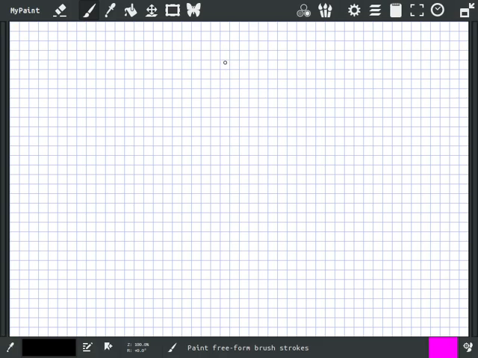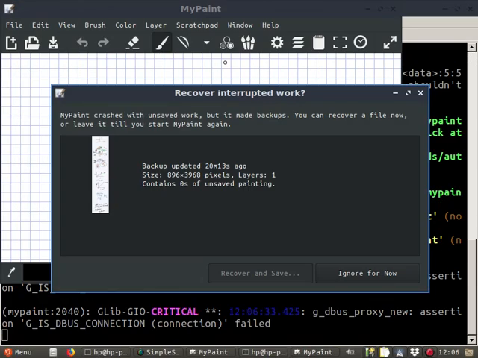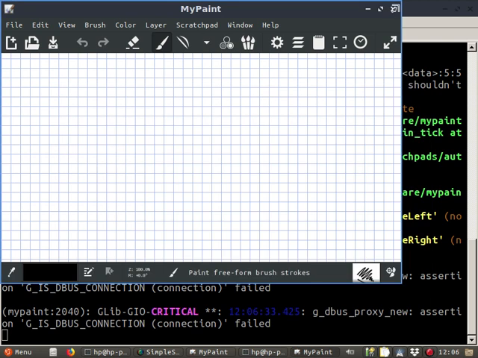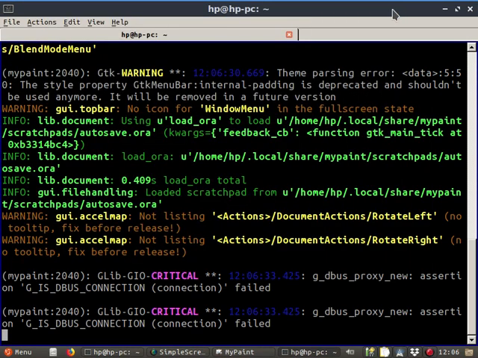Oh, Angela, can you tell her what page? 144. What is going on with this?